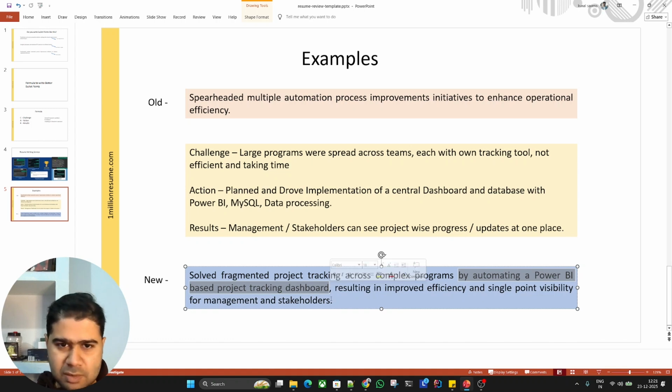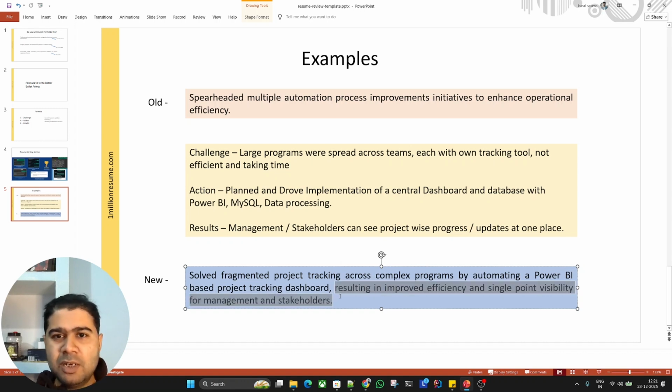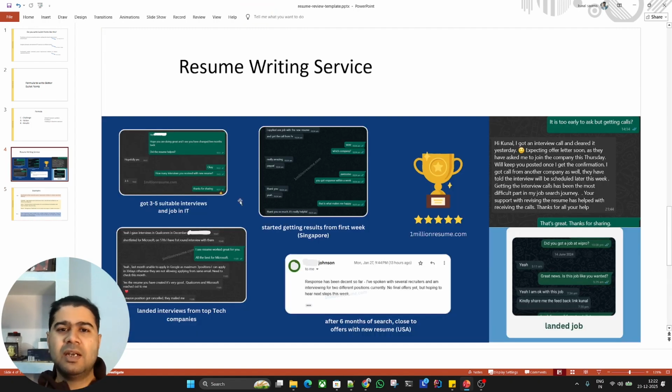So these are the steps or action that he has taken, resulting in improved efficiency and single point visibility for management and stakeholders. This is the business outcome or results. So you can use this formula to enrich your bullet points with context so that each bullet point tells a story, and if you do this you will get results like this.